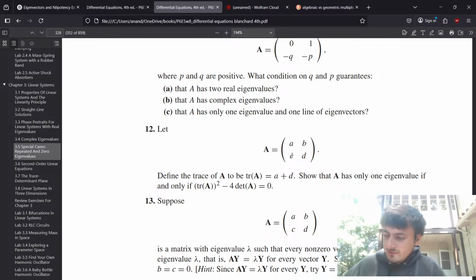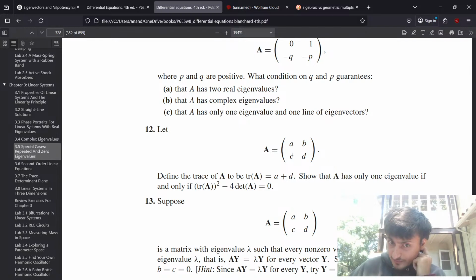Show that if T equals a plus d and D is equal to ad minus bc, A has 1 eigenvalue if and only if t squared minus 4d is equal to 0.